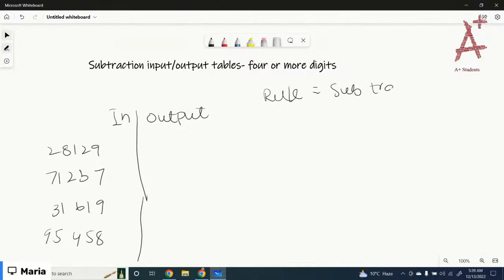So basically you have to apply the rule on all the input values and you will get the output values. Got it? Just subtract 1,000 from each input value to get the output value.